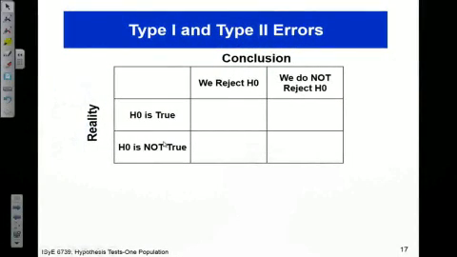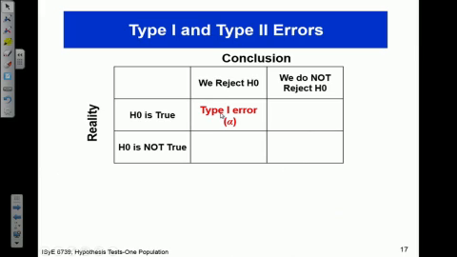But based on the sample that you collected, you reject H null. Rejecting H null means Z is greater than Z of half alpha. So this is called type 1 error, or alpha. Significance level is the same as type 1 error.